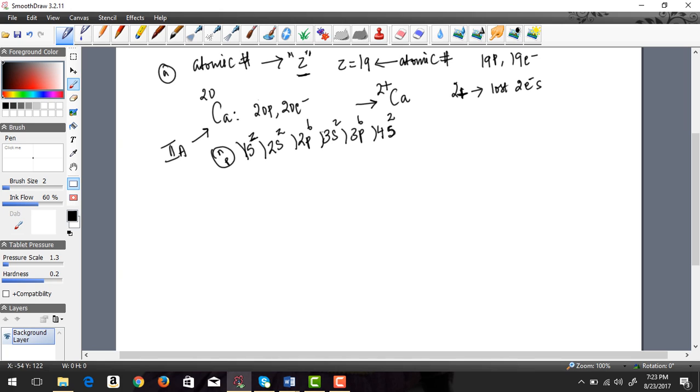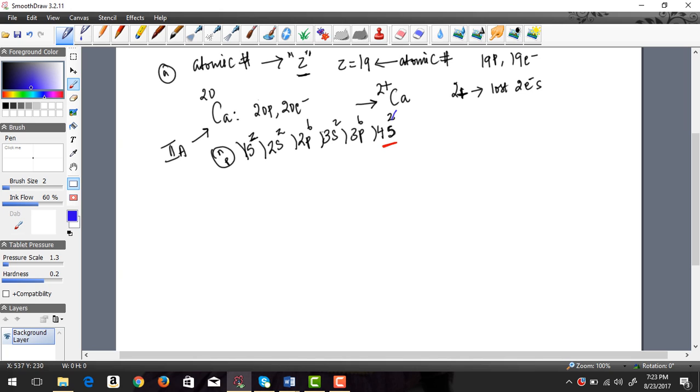Let me get a different color. It's right here, 4s, that's the furthest, right? And how many electrons does it have? It's got 2 electrons. And how many do we have to remove to get from Ca to 2+? Calcium 2+ is 2 electrons lost, right?